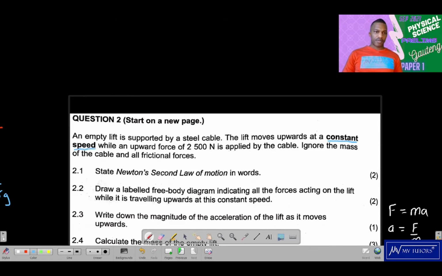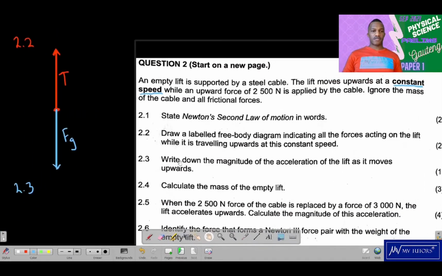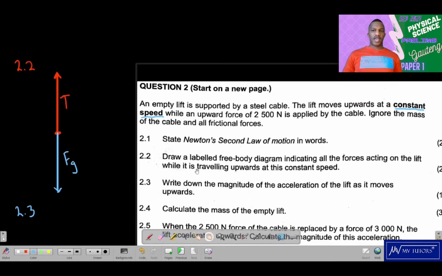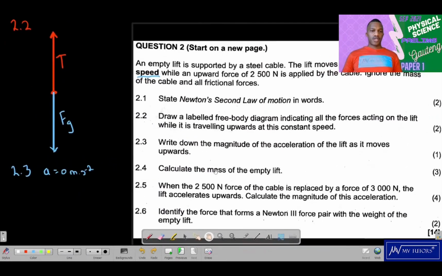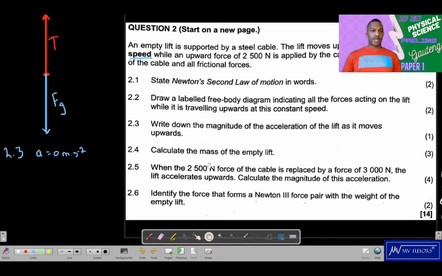Now, if you know your theory, you know that if something is moving at a constant speed, that means acceleration is therefore 0. Acceleration is equal to 0. You can put the units, but it's equal to 0. Okay, so let's do 2.4 now.